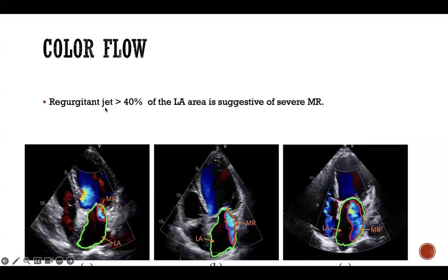As per guideline, for severe MR the regurgitant jet is more than 40% of the left atrium area. Definitely you can take the left atrium area by tracing, but practically we usually just look at it. And you have to be sure about foreshortening of the left atrium.